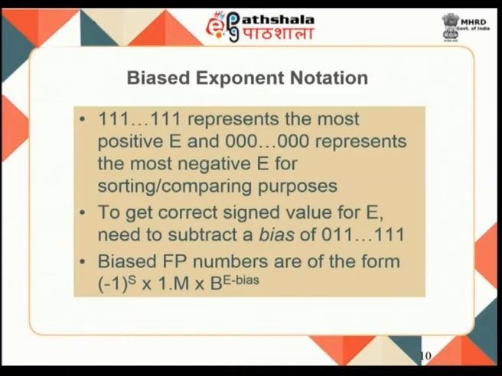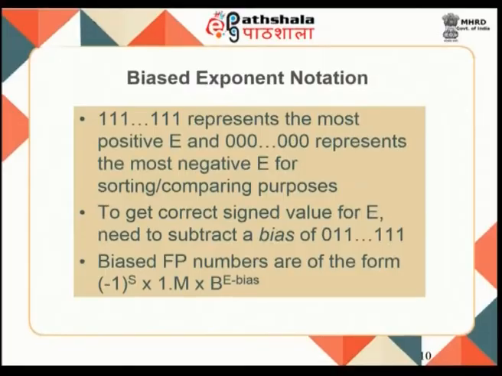When you have a bias, whatever that bias is, that bias gets added to your exponent value. So, if your bias is 127, for example, whatever exponent value you have, suppose if it is 5, that 5 is added with the biased value, and only then you represent the exponent value. So, if you have to find out the actual exponent value, you have to subtract the bias.